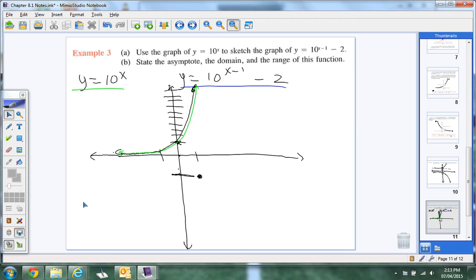So everything's been shifted 1 to the right, opposite of the movement, just like when you're doing parabolas, like how x plus 3 squared moves your parabola left 3, because it's to 0. What makes this 0? A positive 1, so that's our movement. Does that not help or no?